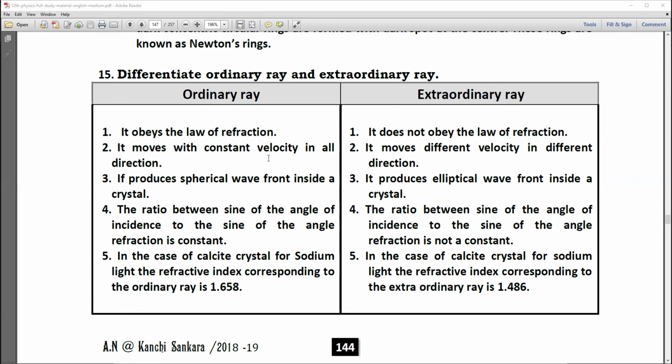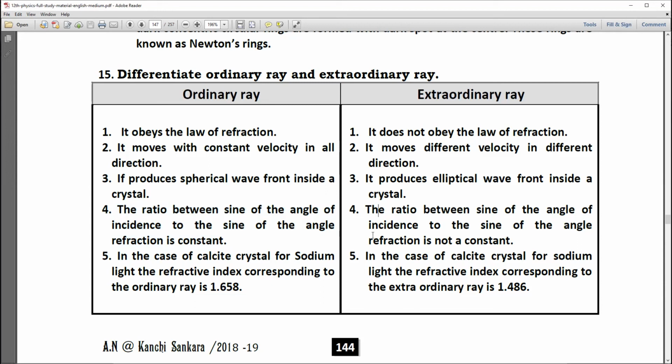Second, the ordinary ray moves with a constant velocity in all directions, while the extraordinary ray moves with different velocity in different directions. And third, the ordinary ray produces a spherical wavefront inside a crystal, while the extraordinary ray produces an elliptical wavefront inside a crystal. And the refractive index is a constant: the ratio of the sine of the angle of incidence to the sine of the angle of refraction is constant. That is nothing but the refractive index for the ordinary ray is a constant.